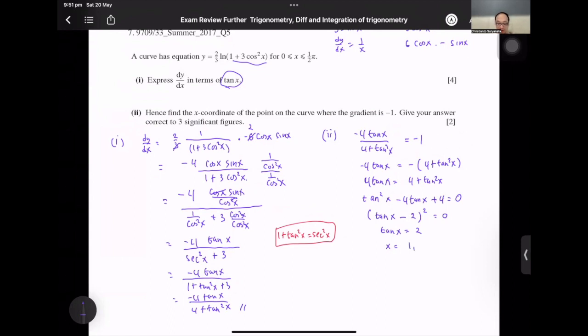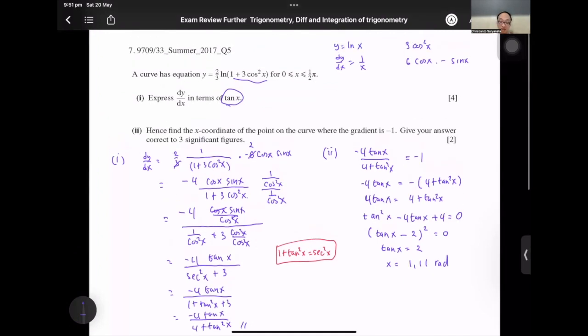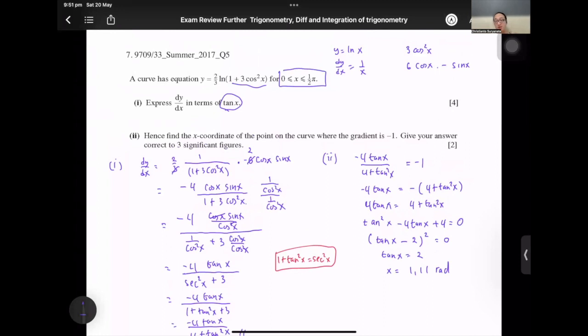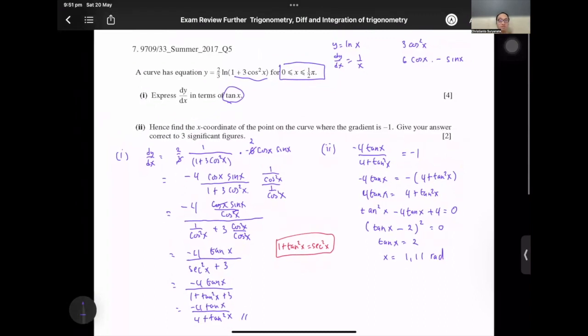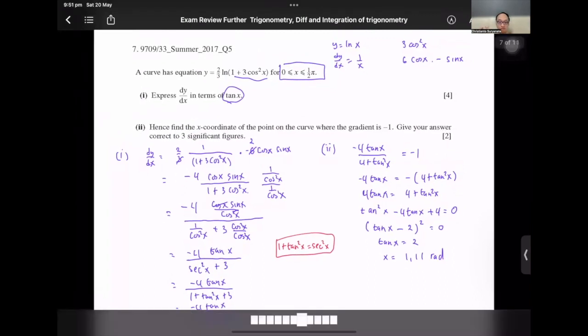So it's 1.11 radian. The other angle will be in the third quadrant, but since the answer should be only for the first quadrant, this is the only answer. Three significant figures, 1.11 radian.